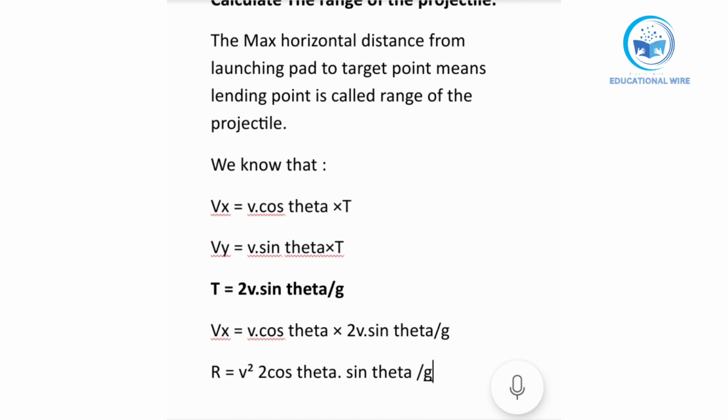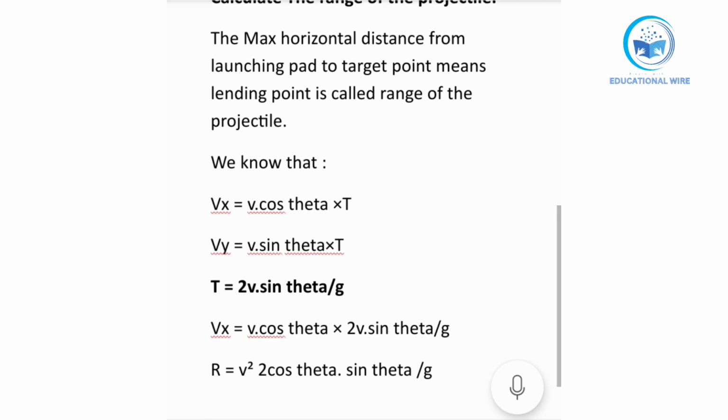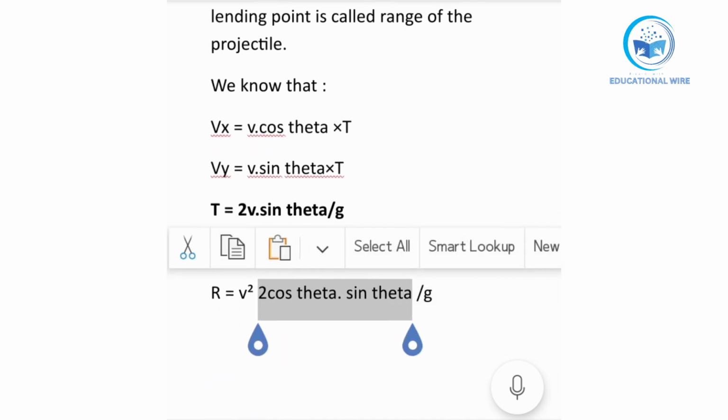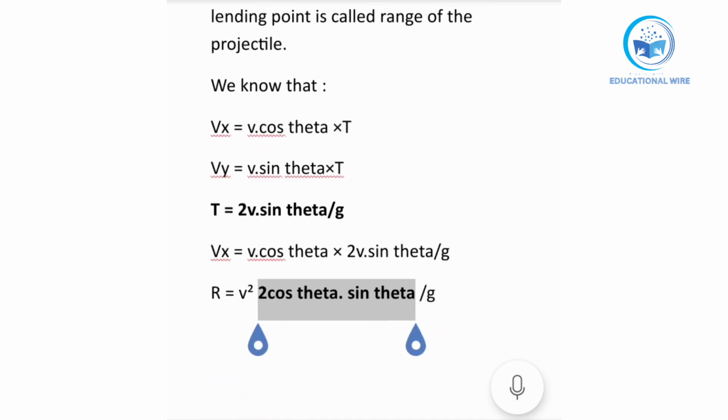Okay, after that we move next, there is one thing we should know, that 2 cos theta sin theta is equal to sin 2 theta. Okay, this is equal to sin 2 theta.